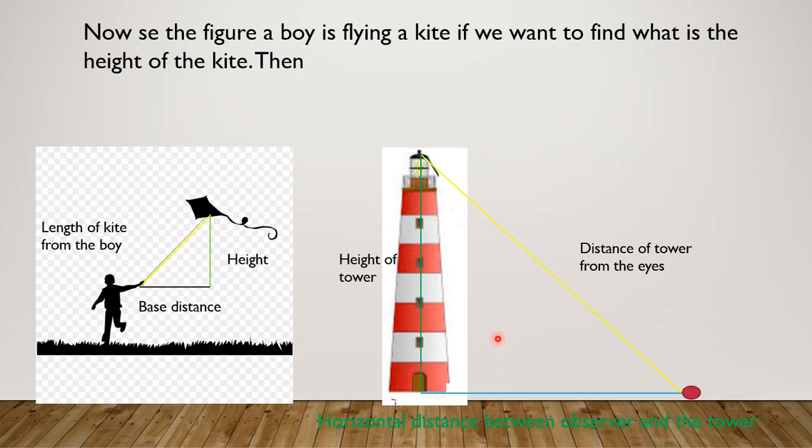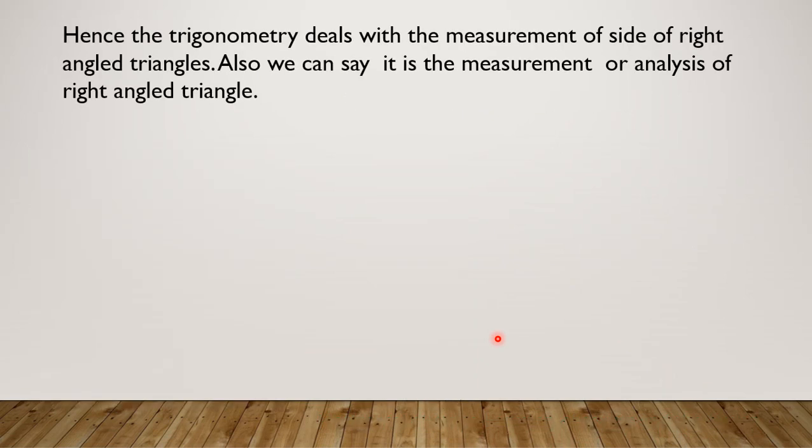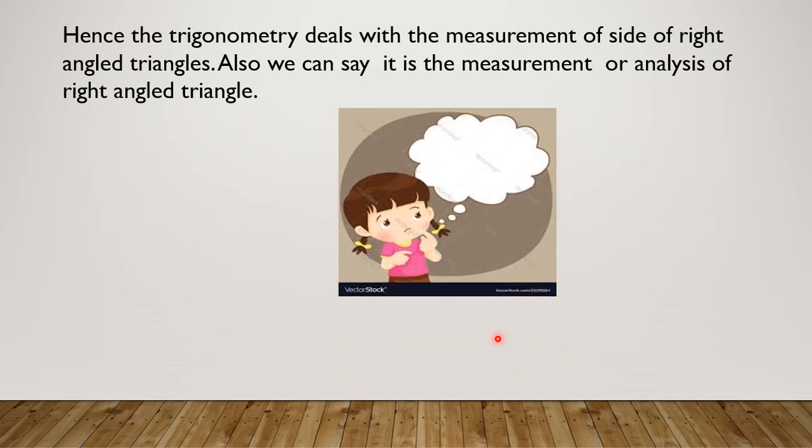Again we are having a triangle. The main feature in both examples is that both triangles are right angled triangles. So by these two examples we can say that trigonometry deals with the measurement of sides of a right angled triangle, or the analysis of a right angled triangle.